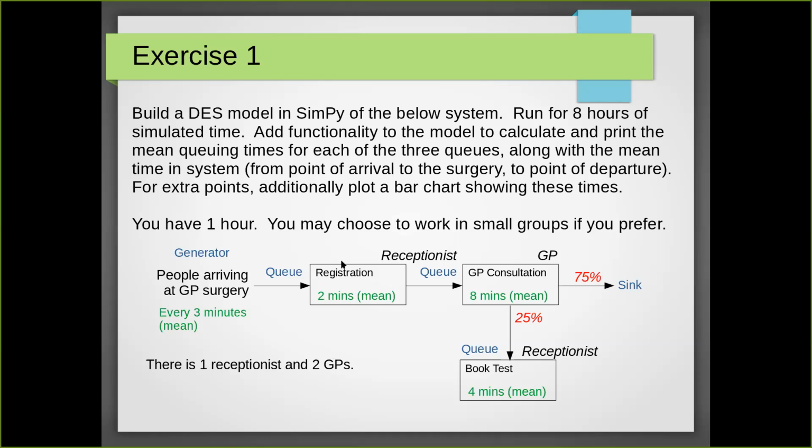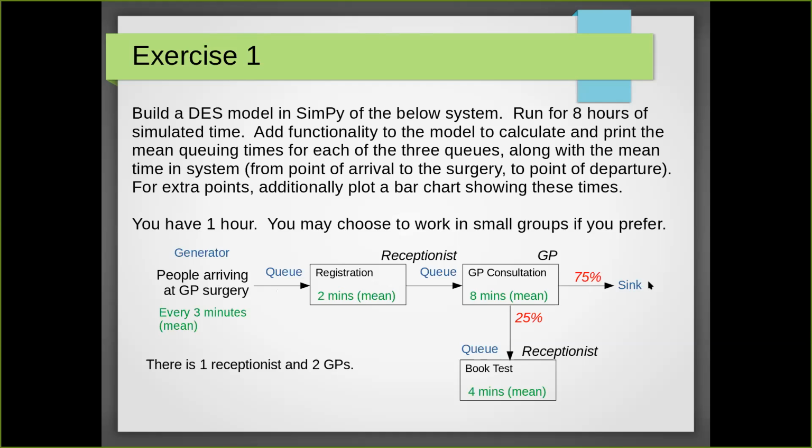So the queue for the registration, a queue for the GP consultation, and a queue for the test being booked, along with the mean time in system, i.e. the time from the point at which they arrive and start queuing for registration to the point of departure. There are 2 different ways in which they could depart.